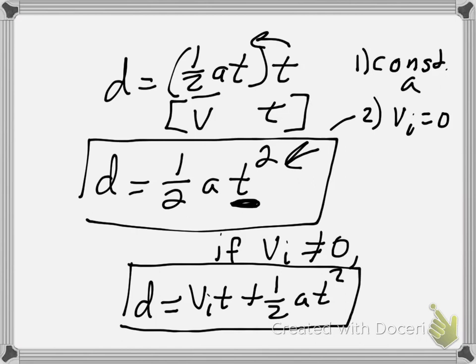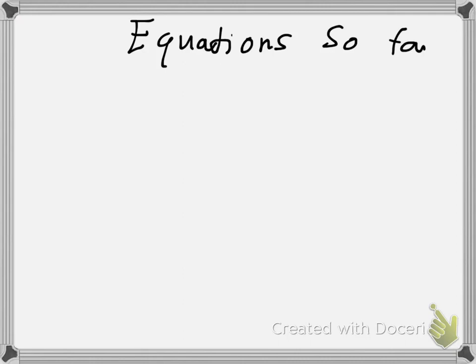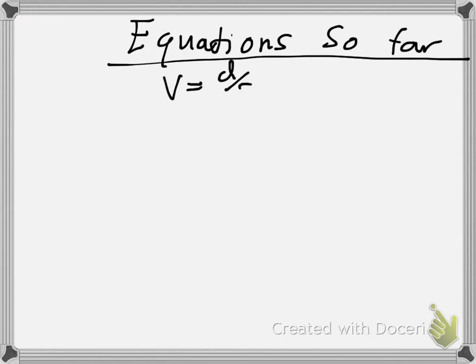Okay? So now let's recap all of the equations we have so far. We call these our kinematic equations. So we have average velocity equals distance over time.